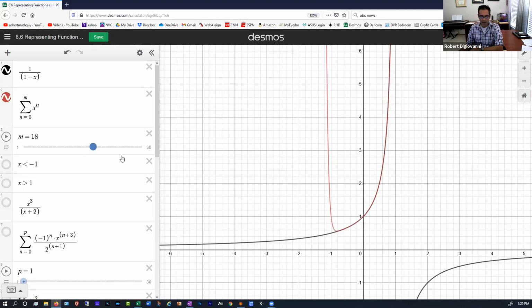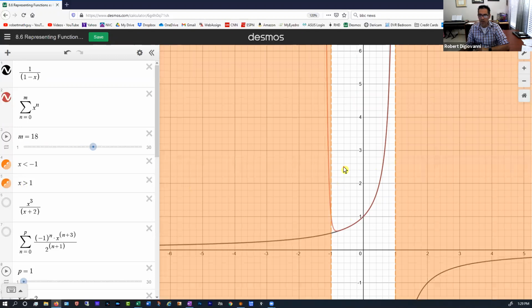This red graph is trying to map itself onto the black graph, but only in this one little region, only between -1 and 1, because that's our interval of convergence. That's the only place that the power series is valid. If you go outside of that interval, the power series no longer matches the function.